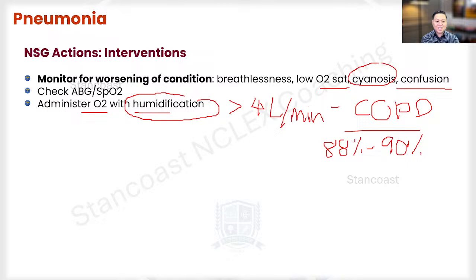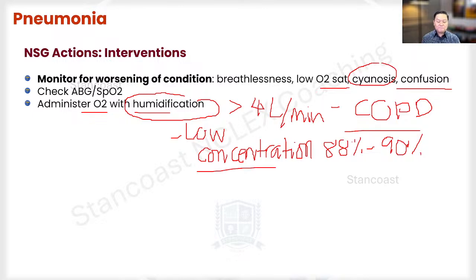This would be the safe range for them, because if we deliver a much higher concentration, they will lose their drive to breathe and they're going to stop breathing. And so make sure we're going to administer a low concentration. Okay. And better yet, with the use of the Venturi mask, because there we can definitely control the safe amount of oxygen that they can get.